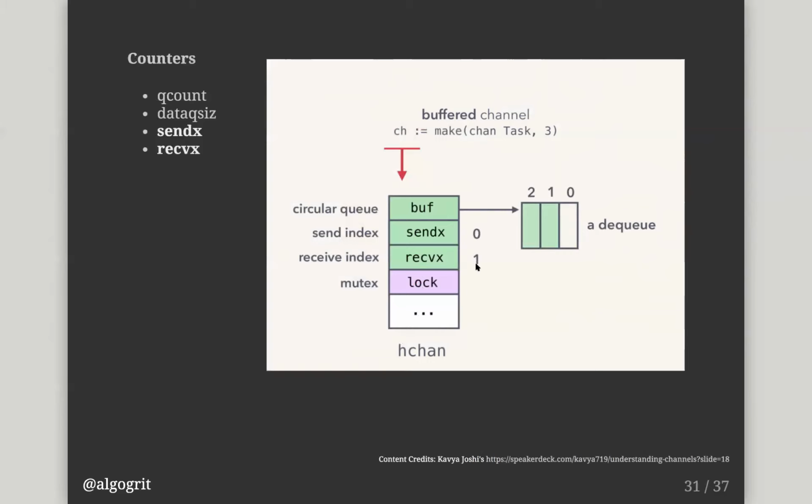So it maintains an order. So channels by default are first in first out queues. That's one property you'd have to keep in mind, the first in first out property, and that's maintained using the circular queue. Right, moving on.